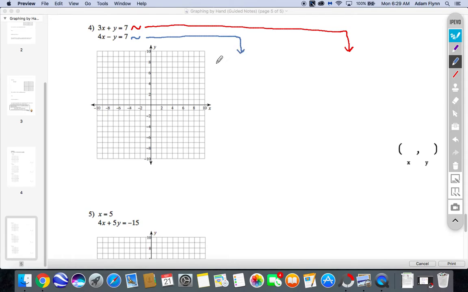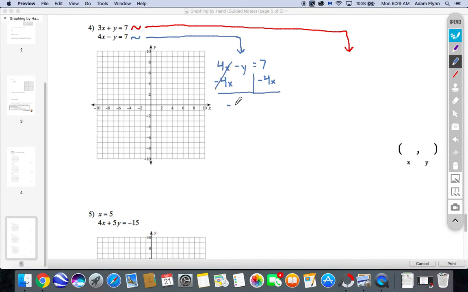So for my blue line, because my pen is blue right now, I might as well do that one. I'll rewrite the equation. So I've got 4x minus y equals 7. My goal is to get the y isolated or all by itself, so I will subtract 4x on both sides. 4x minus 4x cancels.